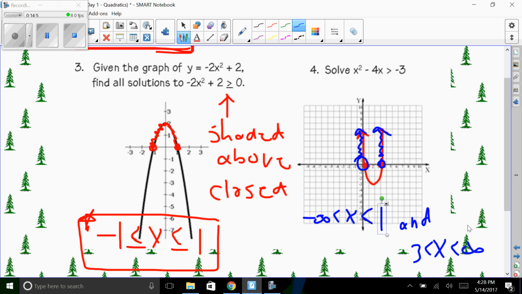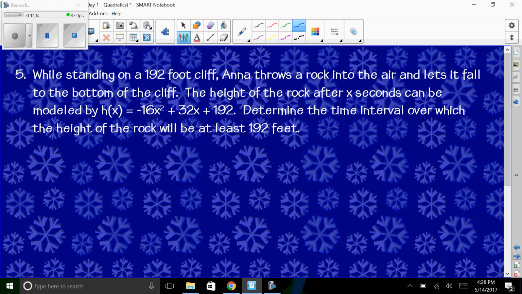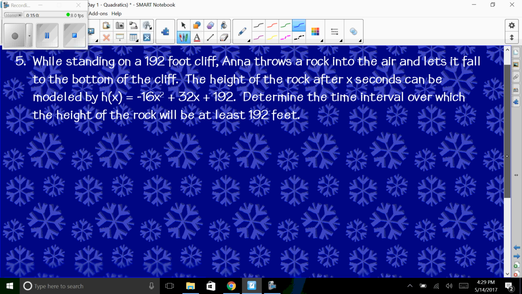All right. So that's that. Move on to the next question. Number 5. Sometimes it helps to draw these.